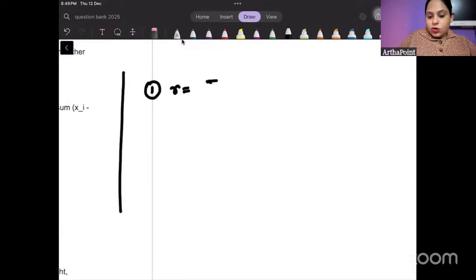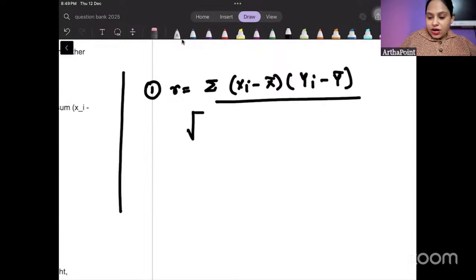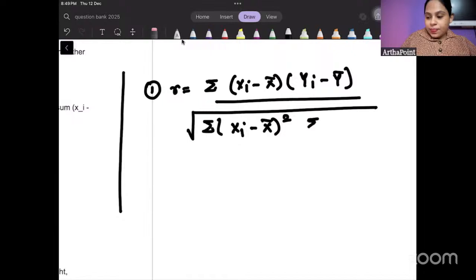R is equal to summation xi minus x bar, yi minus y bar, upon under root summation xi minus x bar whole square, summation yi minus y bar whole square. Okay, this is formula number 1.